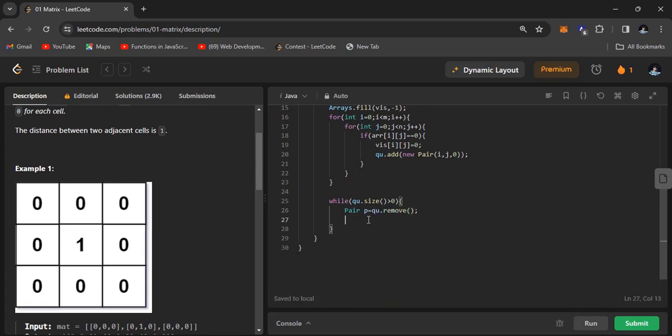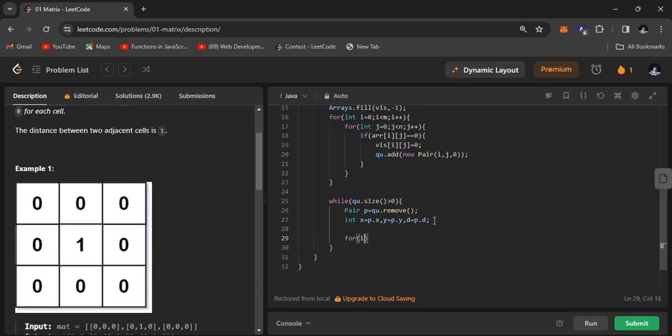For simplicity, x will be p dot x, y will be p dot y, and d will be p dot d.